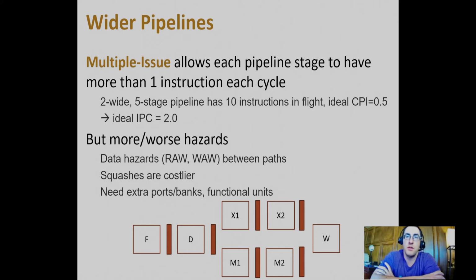Instead of looking at CPI below 1 as a metric for performance of these kinds of multiple issue pipelines, the instructions per cycle metric is often used, which is simply the multiplicative inverse of CPI. So the ideal instructions per cycle is 2.